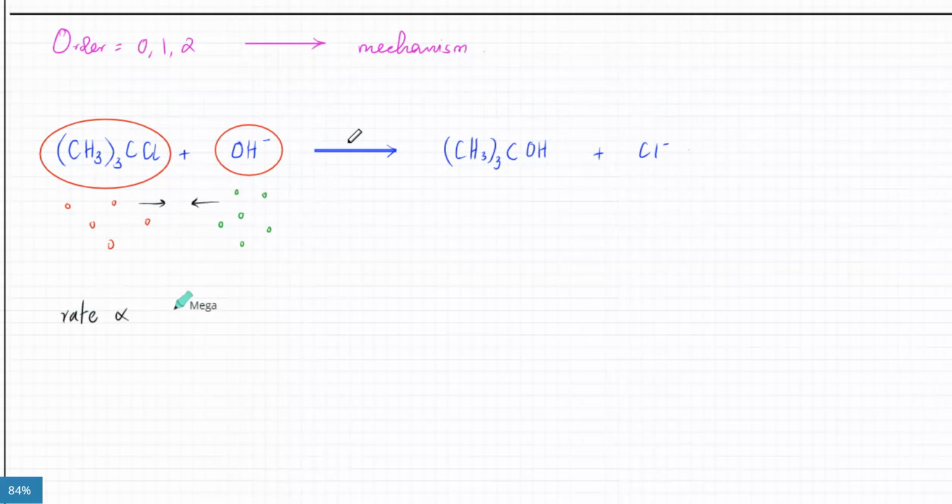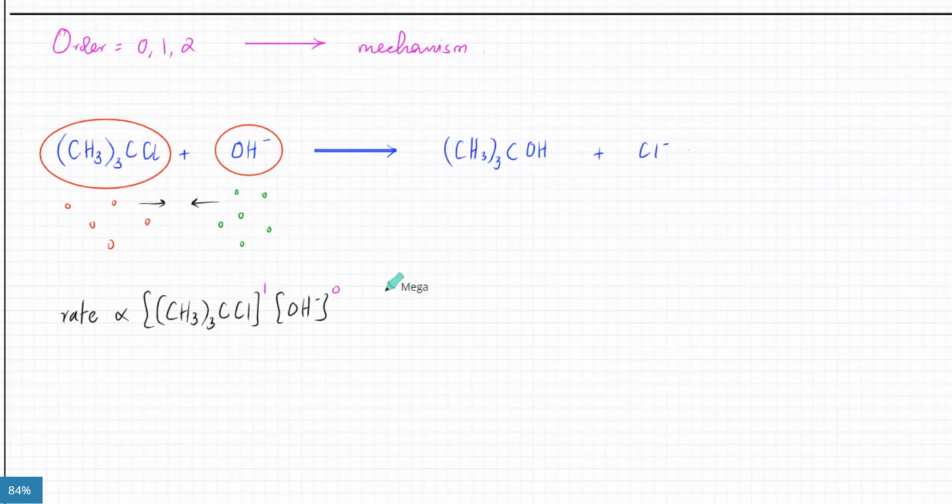So rate depends on the concentration of the halogenoalkane, and it also depends on the concentration of the other reactant, which is OH minus. But when it comes to the order of the reaction, this is order 1, while this other one is order 0.